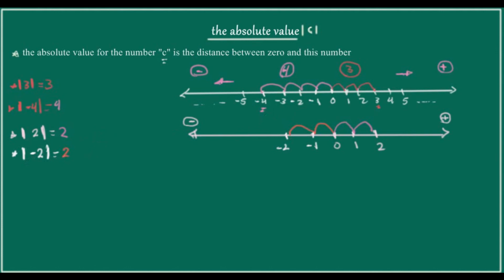Sometimes you will find questions like this. If you have the negative absolute value of -3, to find the value of that, we have a negative sign outside and a negative sign inside our absolute value.